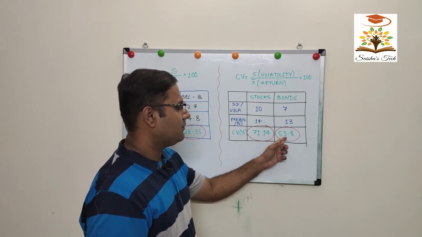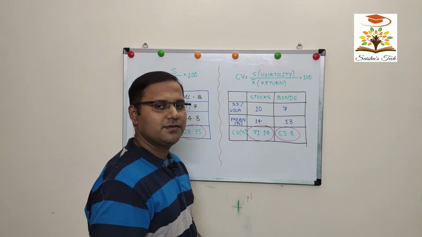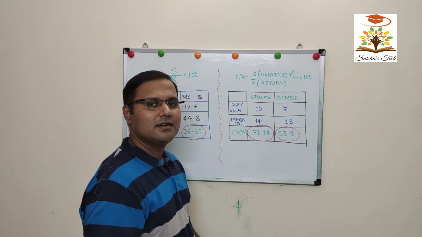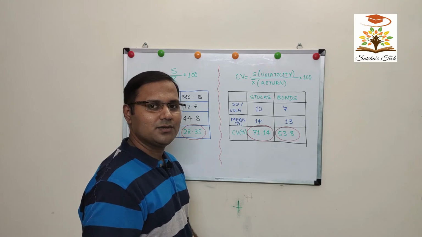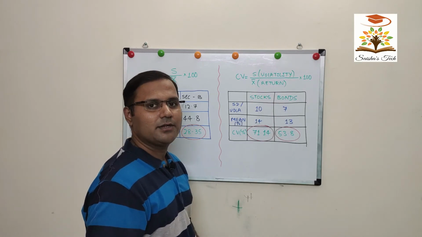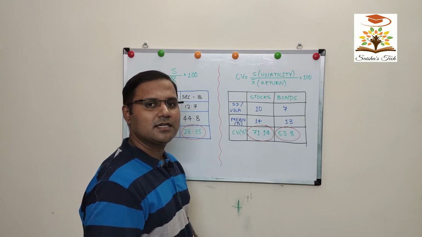The minimal coefficient of variation, that is 53.8, helps Amar decide that it is the lowest risk to return ratio. Hence, he will go ahead with investment in bonds as compared to stocks. This is how coefficient of variation helps to compare two data sets and analyze.